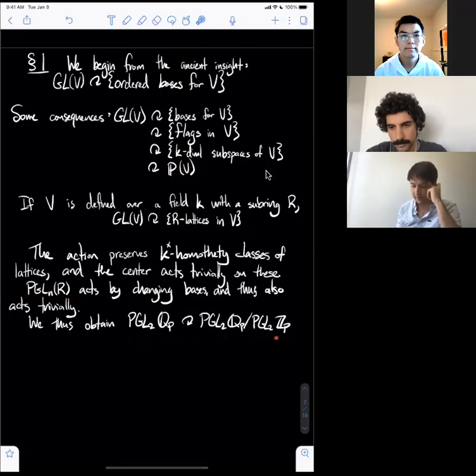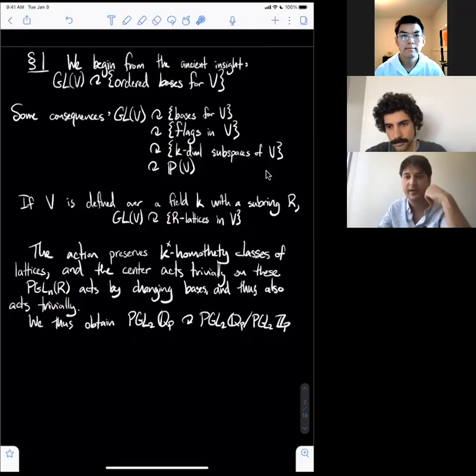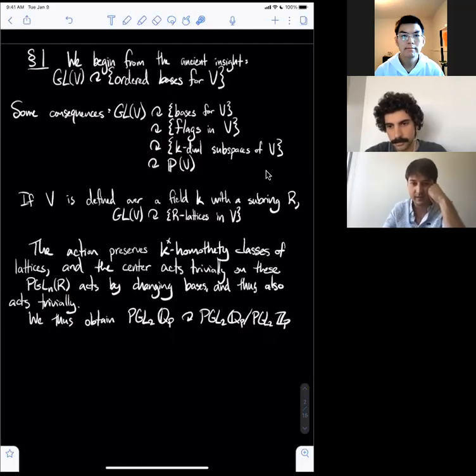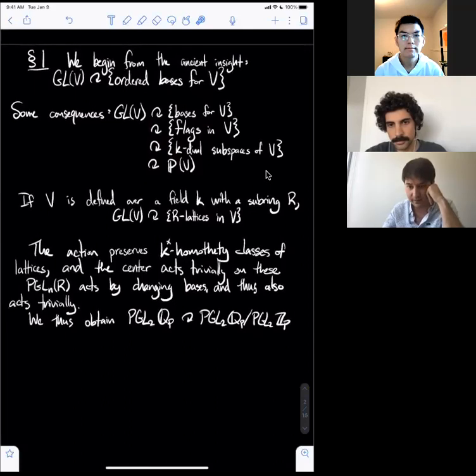So, in this special case, taking K to be the p-adic numbers and R the p-adic integers, and taking N equal to 2, we get this action. I won't really define the p-adic numbers, but if you're not super familiar with them, we'll get some visualization of them that might help you.